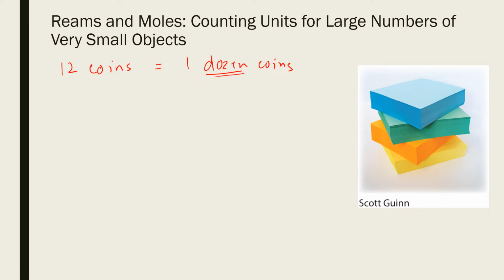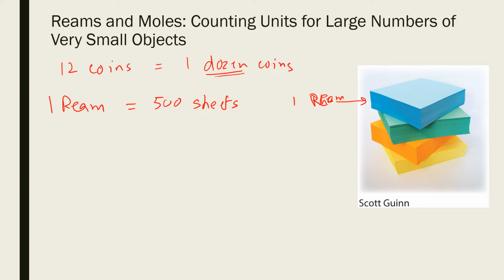Similarly, when we have a large number of paper sheets such as given here, the unit we use is ream. 1 ream is equal to 500 sheets. So instead of saying that we have 500 sheets, you can say 1 ream.